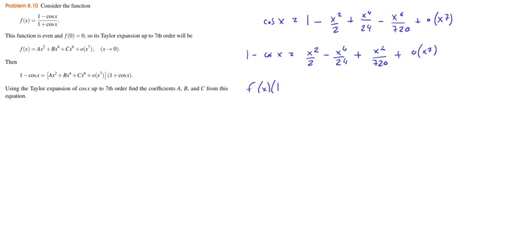Let me write first 1 plus the cosine. This is going to be 2 minus x squared over 2 plus x to the 4th over 24.